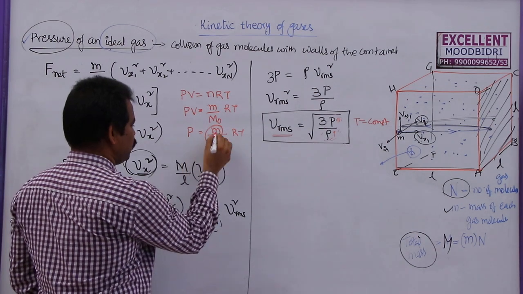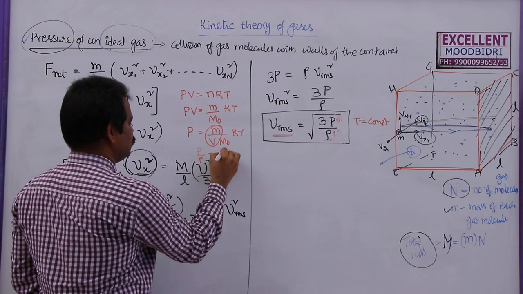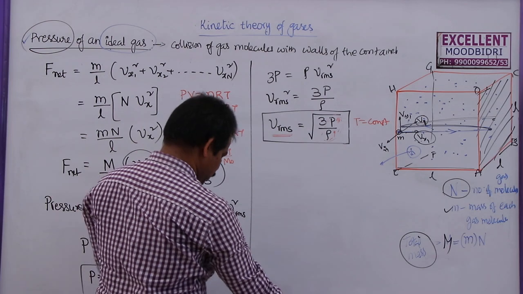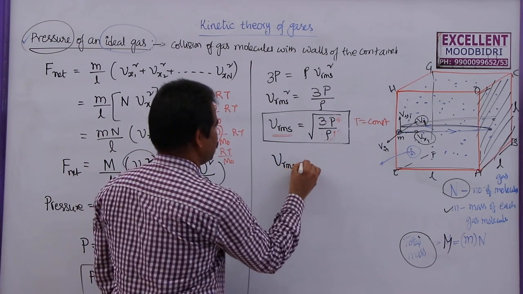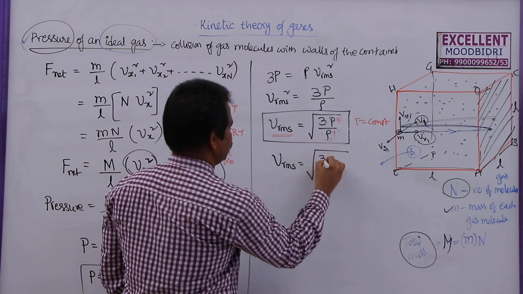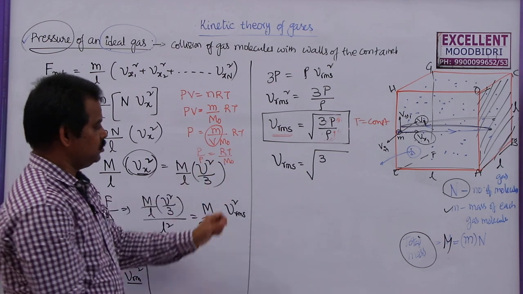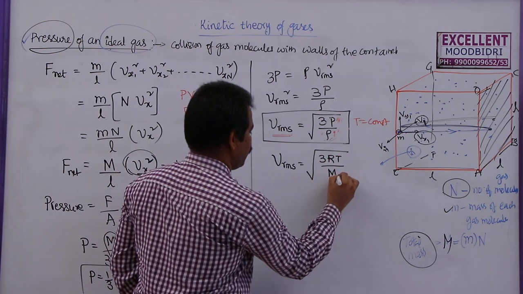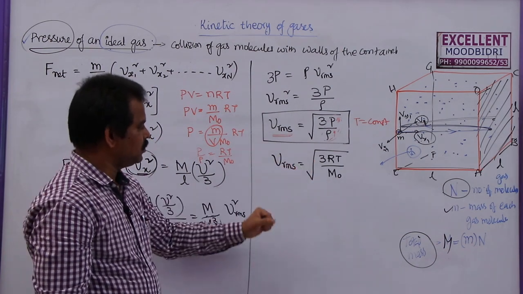So now P is equal to rho RT by M naught. So P by rho is equal to RT by M naught. So the same expression, the root mean square velocity of gas molecules, can also be written as root over 3 into, what is this P by rho, which is equal to RT by M naught. Very, very important for PUC as well as competitive exams.